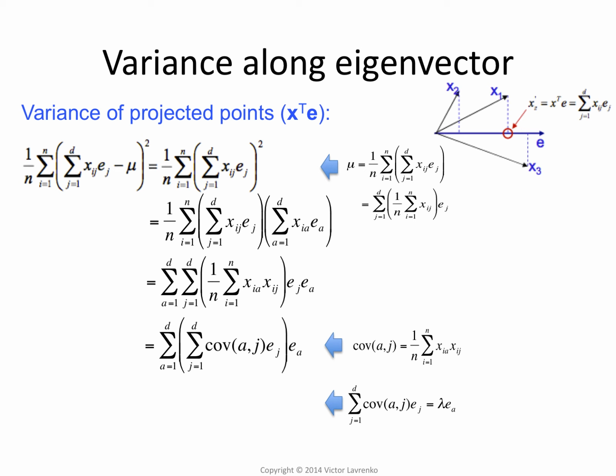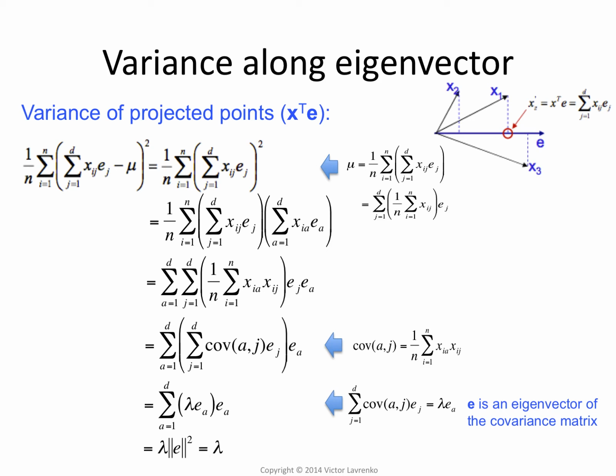Okay, so now I can replace this whole inside summation with lambda times Ea. Now what I have is the sum over all attributes from 1 to D of lambda times Ea times Ea. Take lambda outside, Ea times Ea is Ea squared.